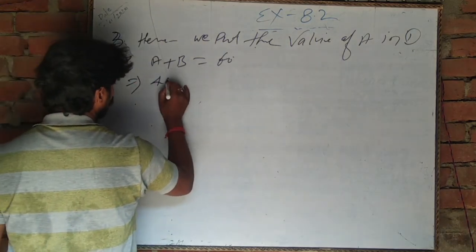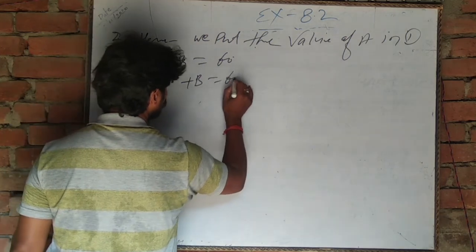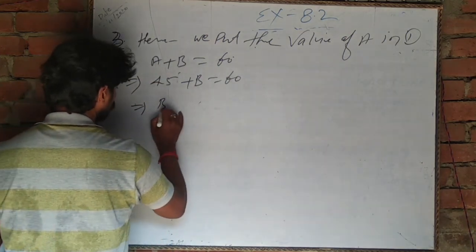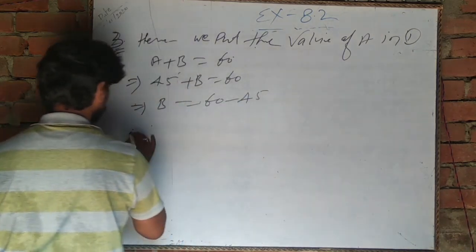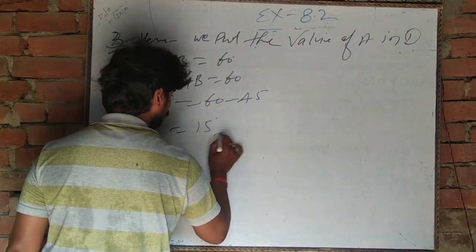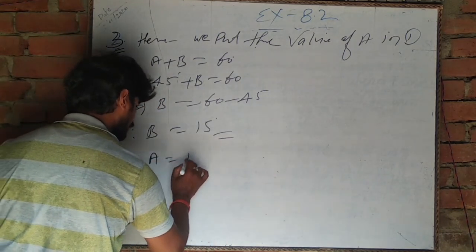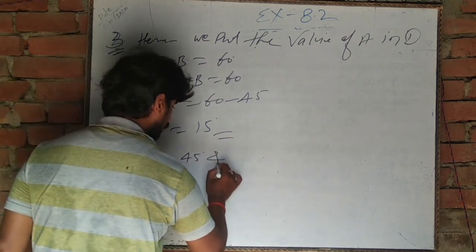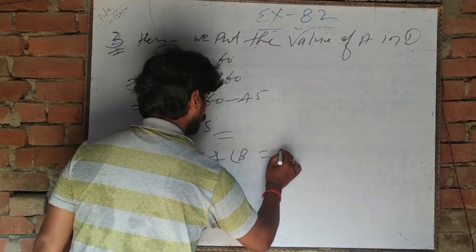That means 45 degree plus B is equal to 60 degree. So B is equal to 60 minus 45 degree. So angle B is equal to 15 degree. That's our answer. Angle A is equal to 45 degree and angle B is equal to 15 degree.